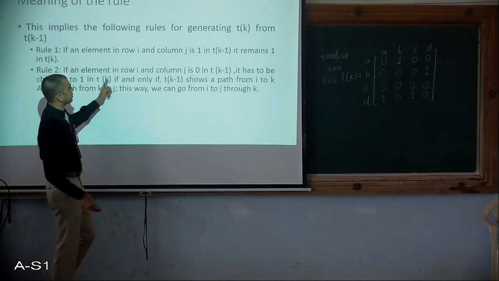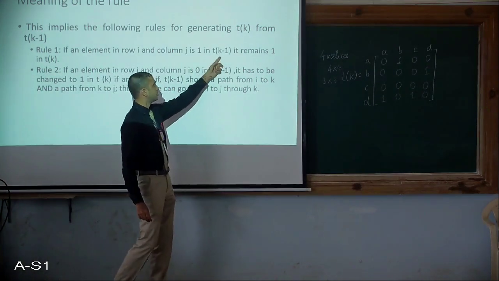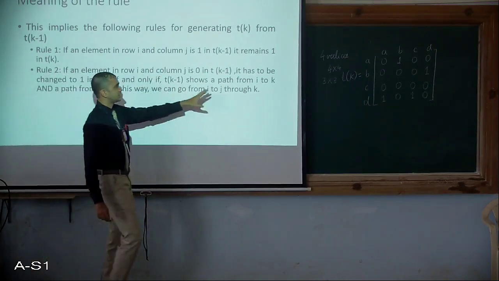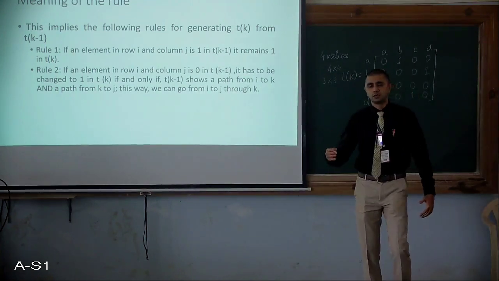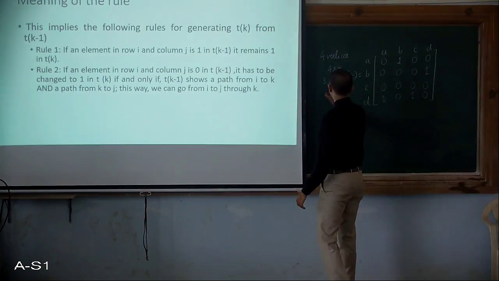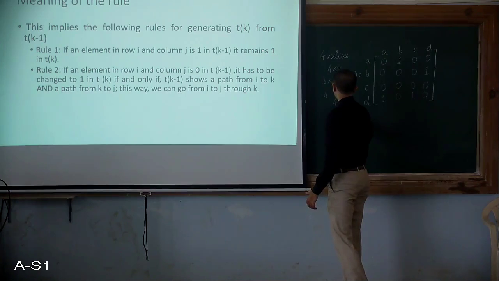We'll see what is T of k minus 1 and what is T of k. Using this adjacency matrix, we are going to generate n number of matrices. Like if there are 4 vertices, then I'm going to have 4 matrices.